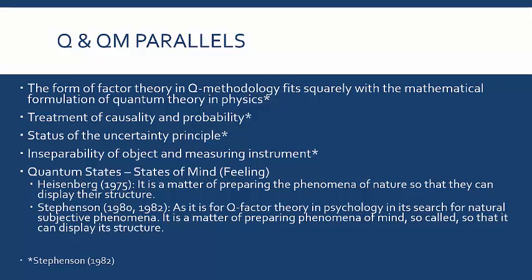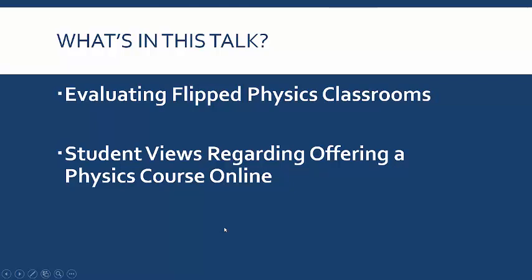Of course, Heisenberg did not say that about Q methodology, he said that about quantum mechanics. Stevenson, in turn, said, as it is for Q factor theory in psychology in its search for natural subjective phenomena, it is a matter of preparing phenomena of mind so that it can display its structure. So that's the factor analytical part, displaying the structure.